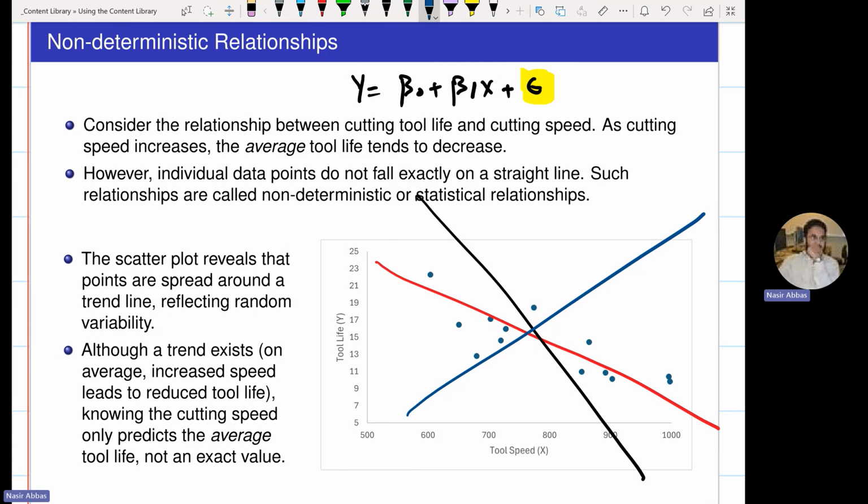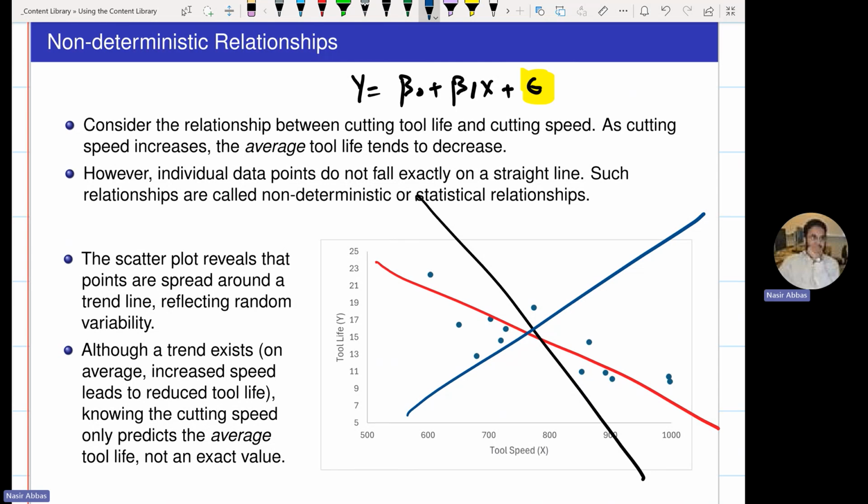From the distance, right? The distance of the point from the line. Somewhere on the slide, I have written the notation for the distance between the point and the line: epsilon. So you will pick the line that minimizes the total distance of the points from the line.